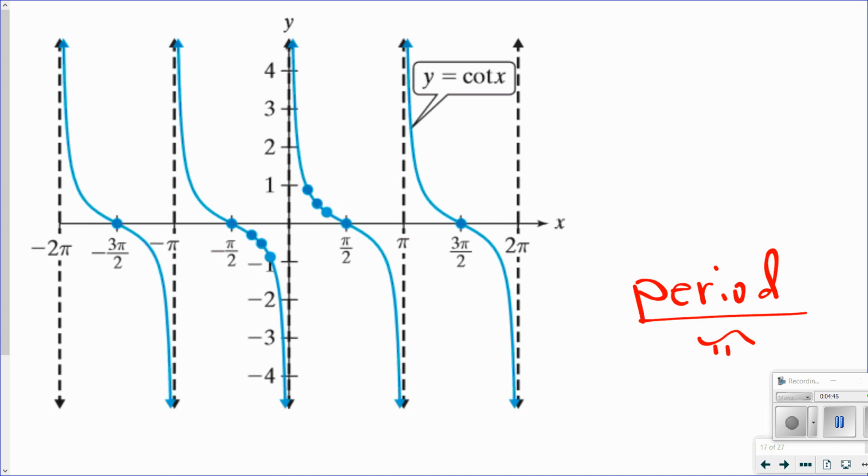You can see here we have x-intercepts where the cosine is 0, like pi over 2, 3 pi over 2, negative pi over 2. And we have vertical asymptotes where the sine is 0, so 0, pi, 2 pi. Again, you can pause the video for a moment here if you want to sketch this on your parent function sheet.